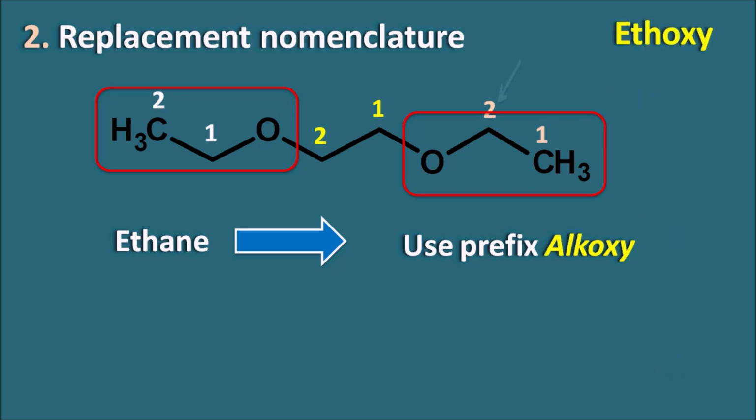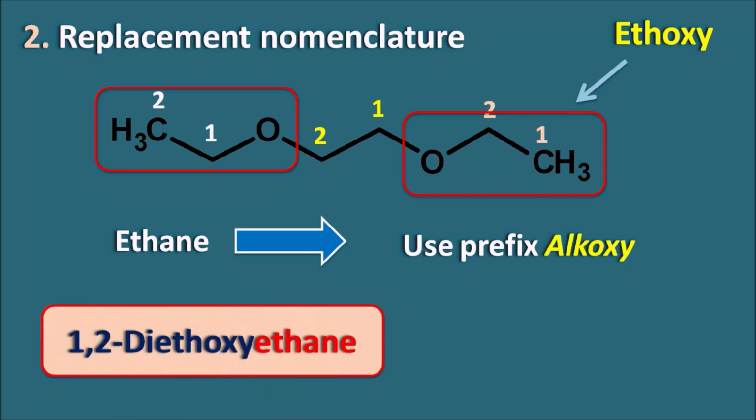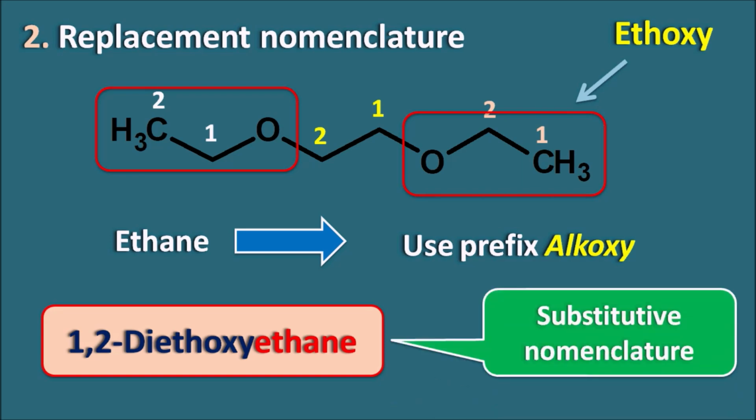This is simply ethoxy group, and again at the second position we can observe the ethoxy group. We can combine these two as diethoxy. So now the name of this compound is 1,2-diethoxyethane. You can see that we can write the name of the compound simply by using the substitutive nomenclature. So 1,2-diethoxyethane. And this is the substitutive nomenclature as well as the IUPAC name of the given compound.